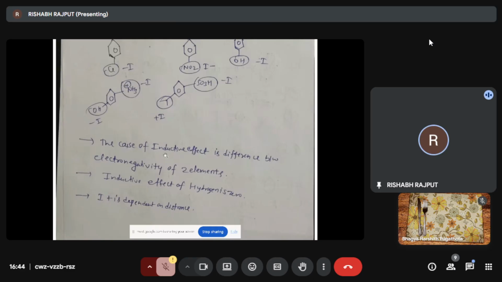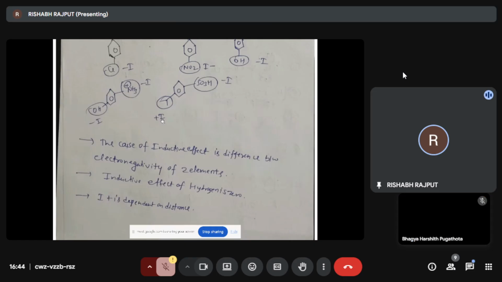In this chlorine and this CH2, they have minus I effect, plus I effect is there. But if you go now to the last carbon, they have plus effect but very less. If you go far, your plus I effect will decrease. So that is why I'm saying this inductive effect depends on distance also.